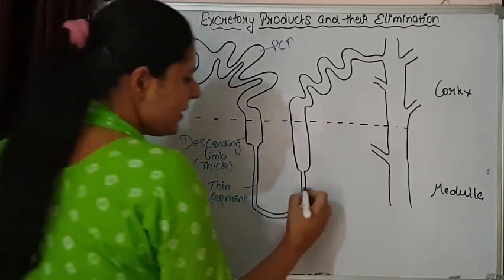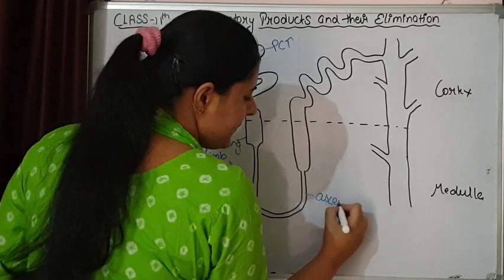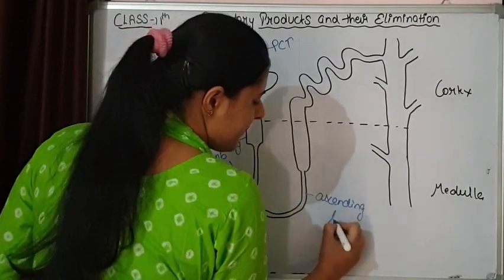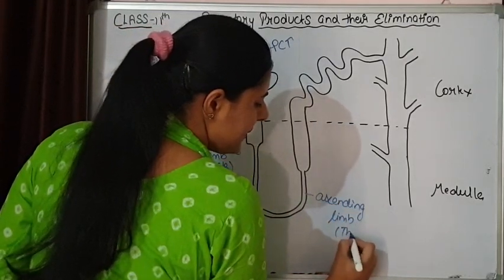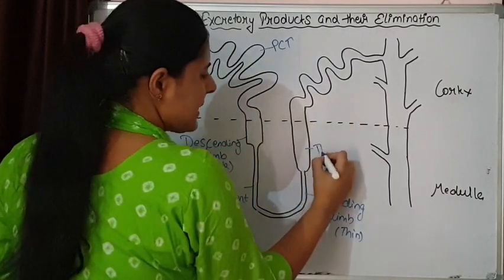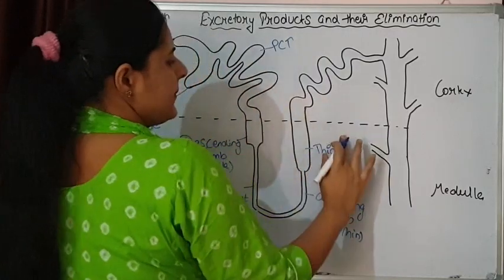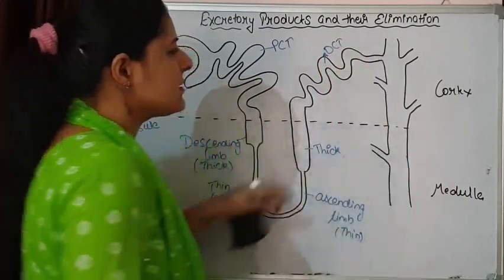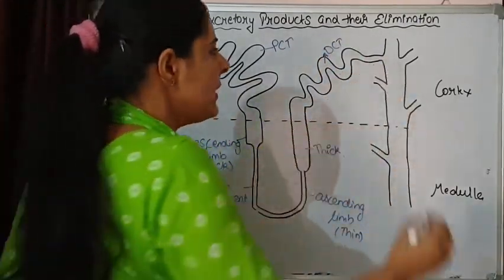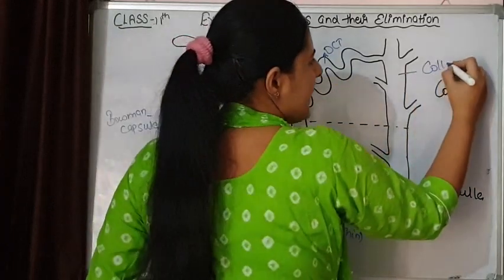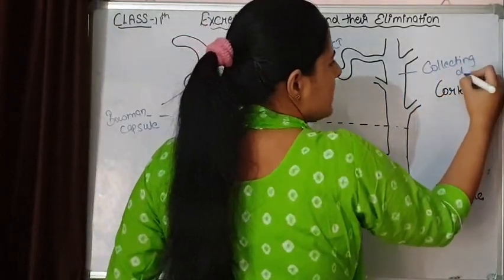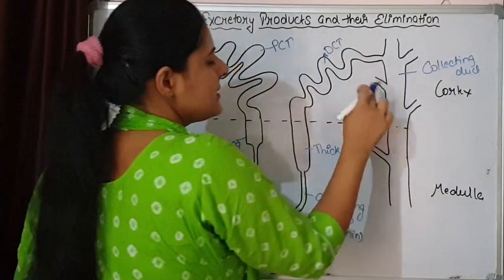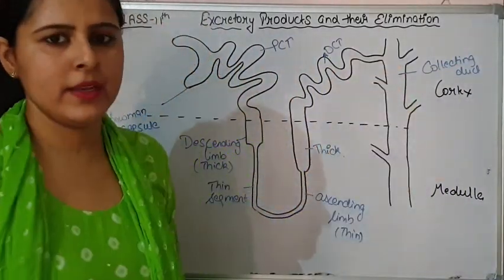The loop of Henle, here is the ascending limb. The thin segment of the ascending limb, the thick segment of the ascending limb. This is the DCT. This is the junctional tubule, and this is the collecting duct that is carrying the contents from the DCTs of different nephrons.